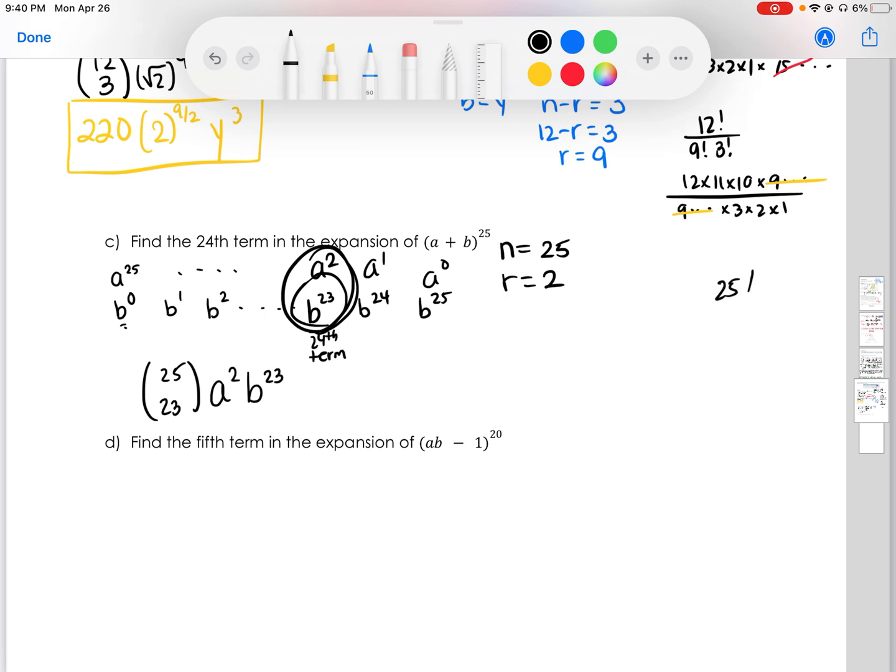All right, 25 factorial over 23 factorial, the difference is 2. That is going to give us 25 times 24 times 23 factorial over 23 factorial times 2 times 1, and the 23s are going to cancel. So let's see, 25 times 24 divided by 2 times 1 is going to give us 300 for the coefficient.